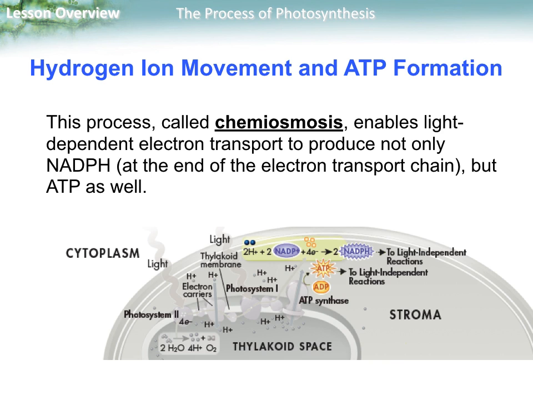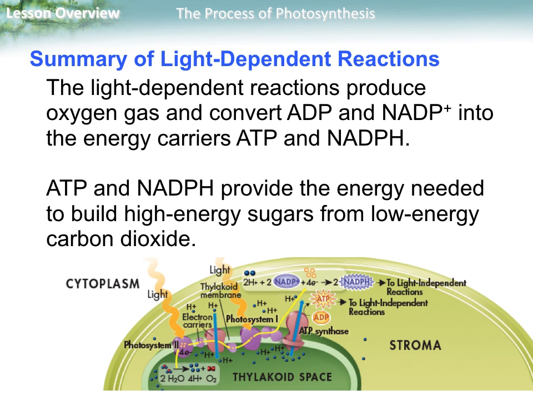Okay, so at the end of this, we not only have an NADPH, which is formed by the electrons that were given off through the hydrolysis, but we also are able to make an ATP from all the hydrogens that come out. So, a summary of the light-dependent reactions.